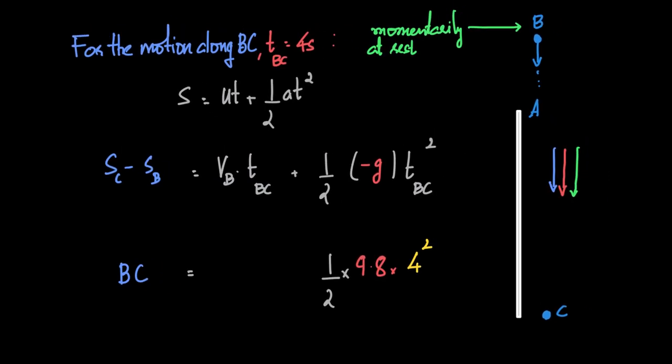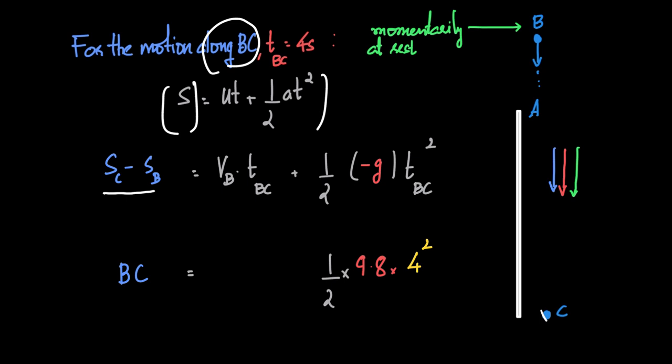Once you have the time to travel BC as 4 seconds, for the motion along the path BC, what is S equal to ut plus half at squared? What is S? Final position minus initial position, which is C minus B. u is the initial velocity, the velocity at B, t is the time B to C, and acceleration is minus g.